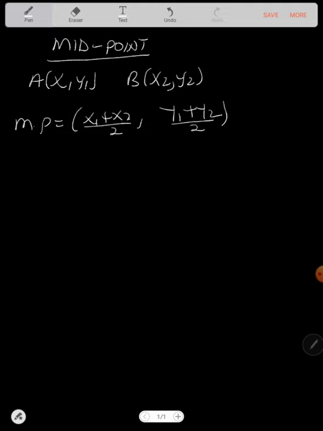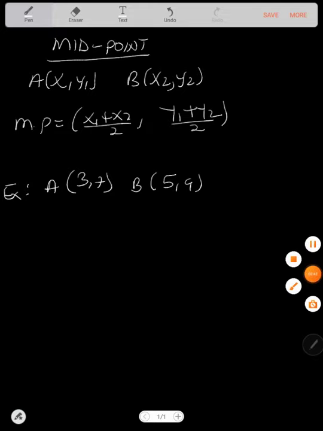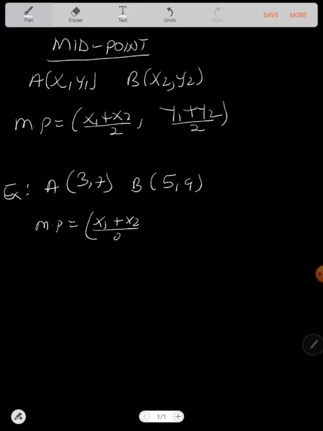Let's look at an example. How can you find the midpoint of this? So you know that midpoint is equal to (x1 plus x2 divided by 2, y1 plus y2 divided by 2).